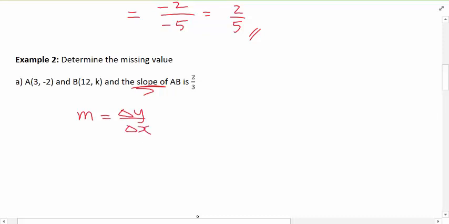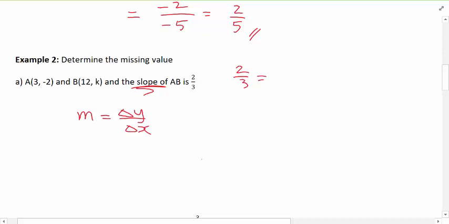Now, I gave you information already. What do you do with that information? You plug it in. So, what should I write instead of m? 2 over 3. Does that make sense?